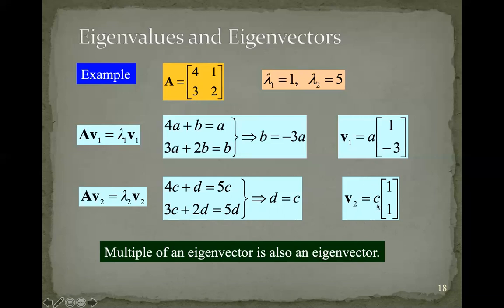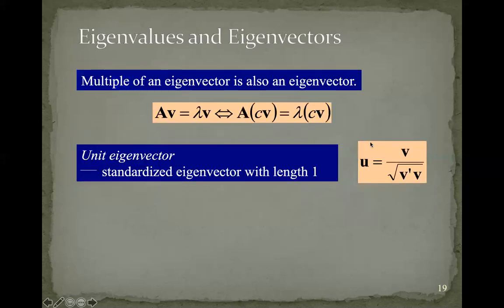Okay, so now we need to find what the values of C and A are. If that's the case, we want to standardize and find the eigenvector with a length of 1. So we need to find the unit eigenvectors. In this case, the definition is that A V equals lambda V, so we can multiply that vector by a constant.